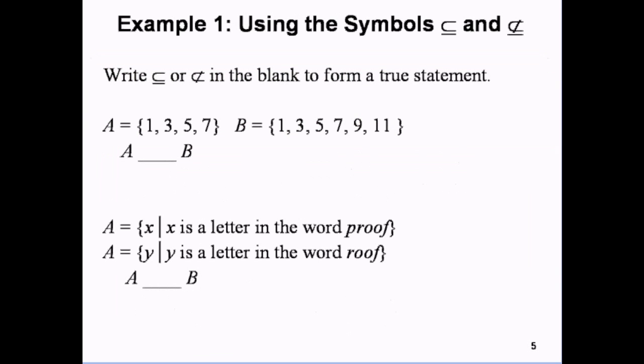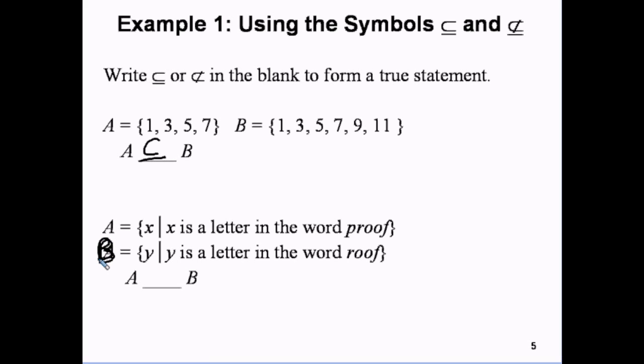Okay, so is A a subset of B? Yeah. So we put that in there. Oh, and this line here is really kind of important. Okay, A, that should be B. Sorry, that's a typo on my part.